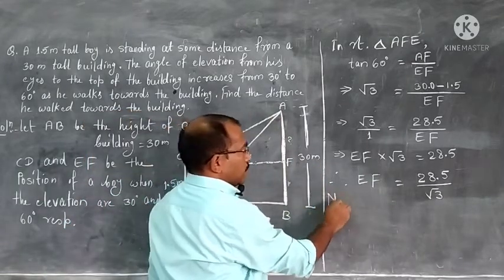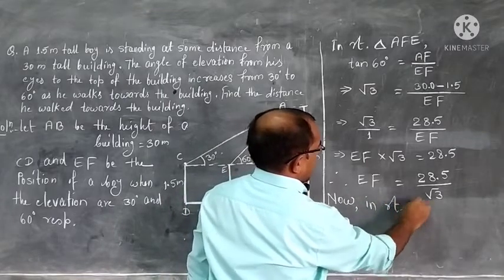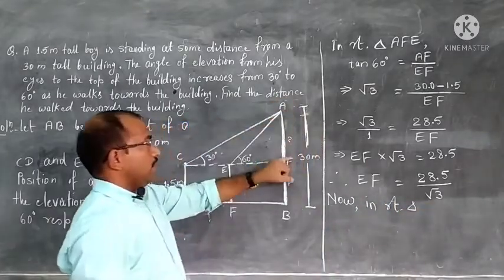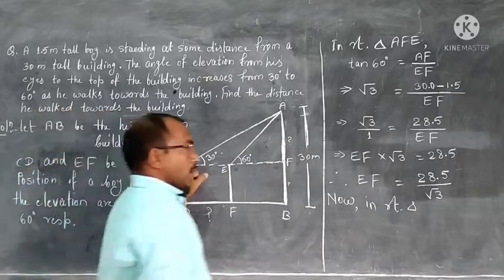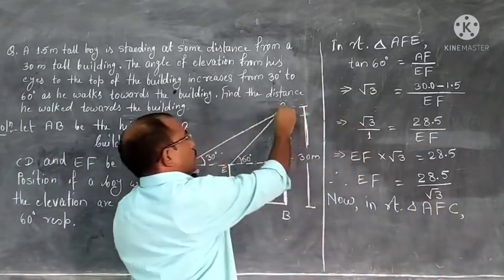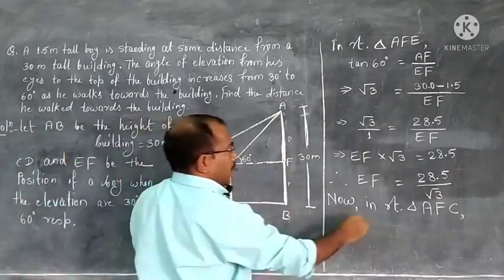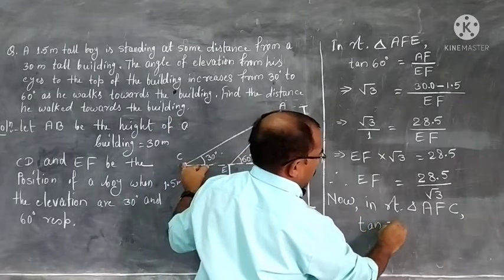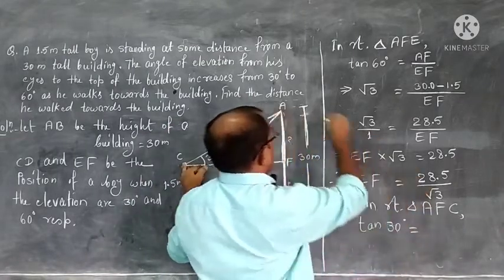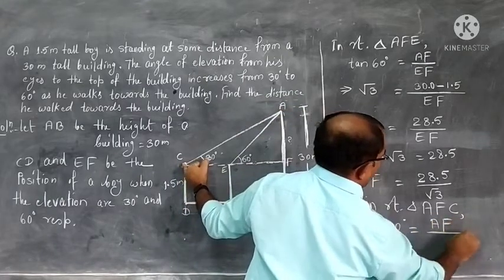So, now we start the work in another right triangle. What is that right triangle? AFC. We mention the name here. Here also we will use the same ratio, perpendicular and base, tan, but the angle is 30 degrees now. So, tan 30 degrees. Perpendicular AF and base will be now what?